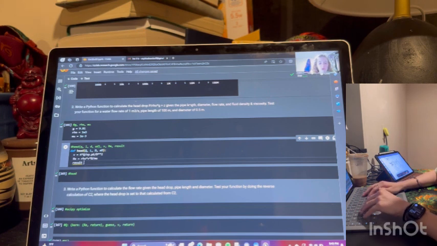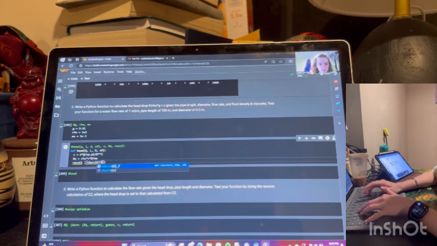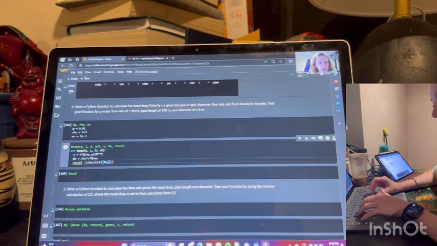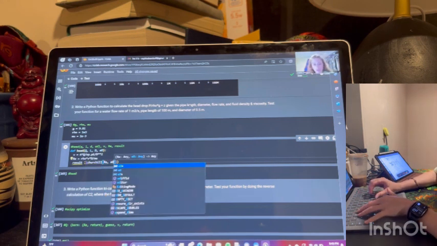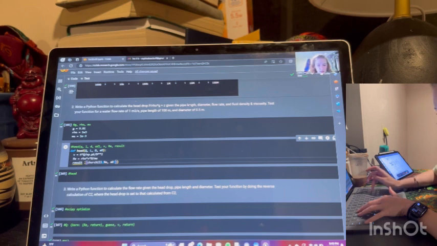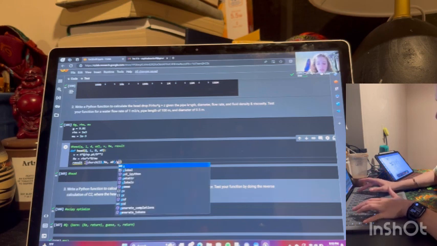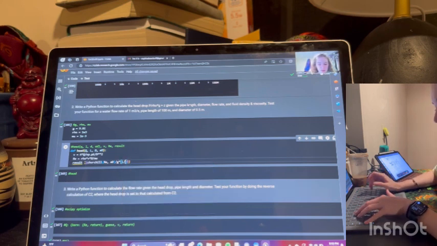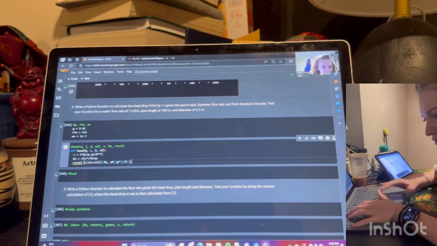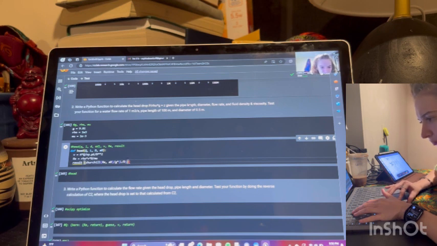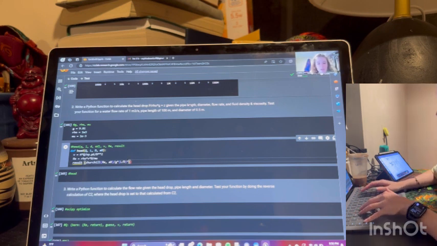So result for Churchill RE and ED divided by gravity times L over D. I think I have one too many. Times our V squared over 2.